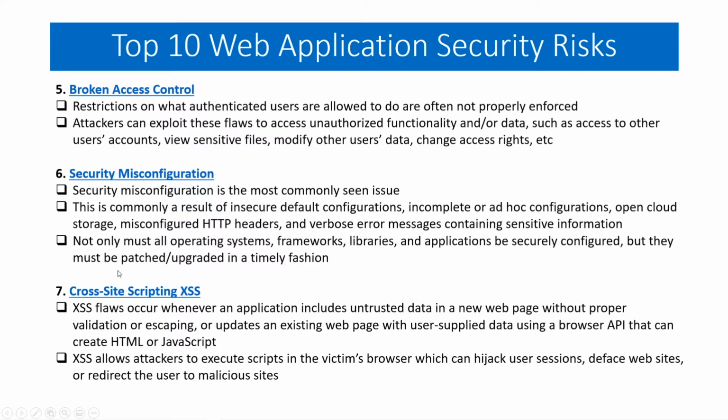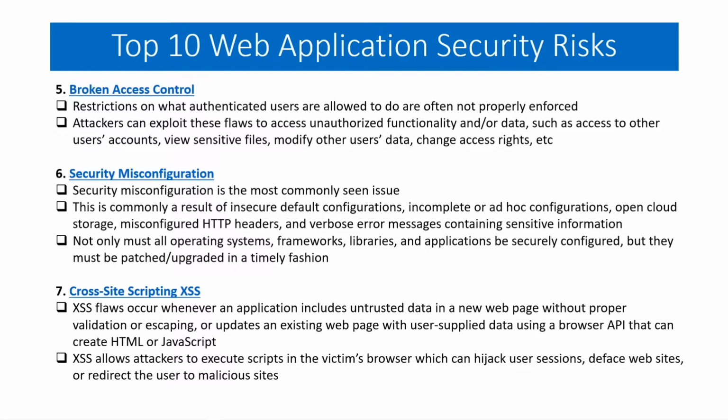We have some cross-site scripting we will touch on as well. XSS flaws occur when an application includes untrusted data in a new web page without proper validation or escaping, or updates an existing web page with user-supplied data using a browser API that can create HTML or JavaScript.